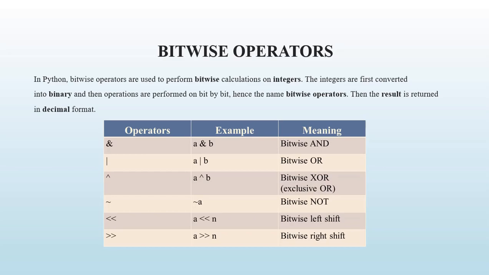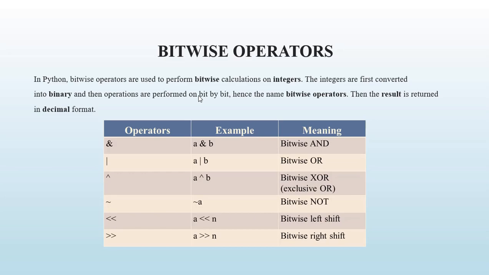What are bitwise operators? Bitwise operators are used to perform bitwise calculations on integers. Integers are also known as decimals. The integers are first converted into binary values and then the operations are performed bit by bit.